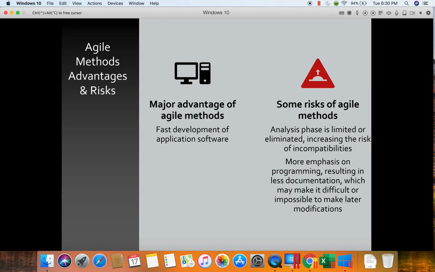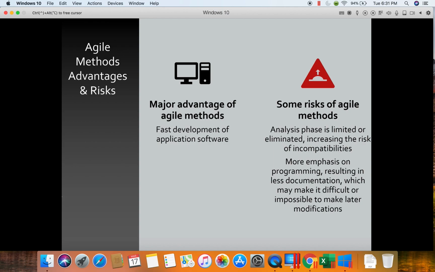So the major advantages of this Agile method is that it's faster. It's faster to develop the software, and that is the huge advantage. The risks are because the analysis phase is very minimal and sometimes not done at all, then there is an increased risk of things being incompatible with other systems that perhaps it needed to integrate with.